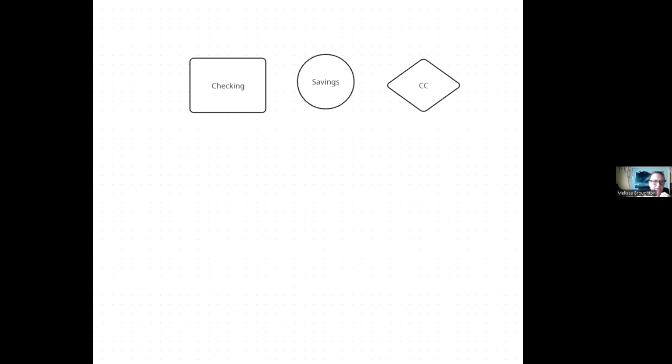But our objective as the bookkeeper is to take the information from all three of these different buckets, we'll call them, and to turn them into financial reports, right? And there's lots of different things that they can do with the financial reports. They can use them to determine trends in their business.